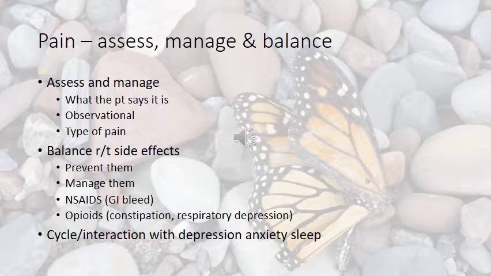There are many ways to manage them, and most of the side effects are GI related. If you're using NSAIDs like Advil or something stronger, a lot of that can cause GI bleeds. Opioids cause constipation and respiratory depression. They can also cause confusion and hallucinations in different individuals.